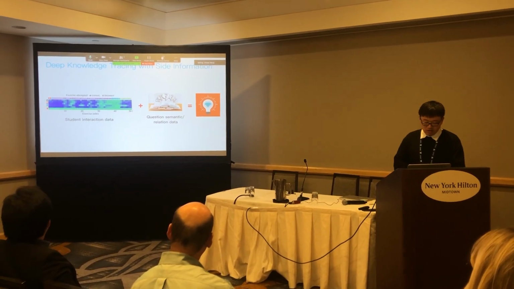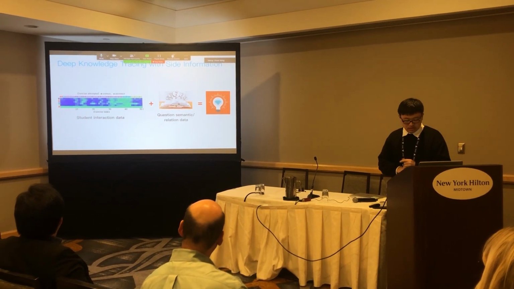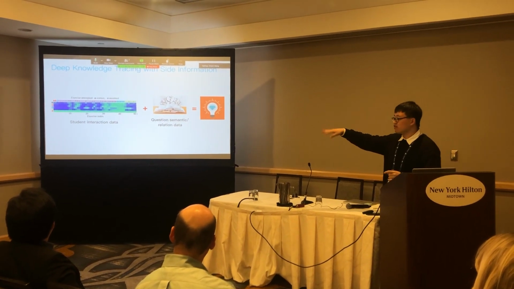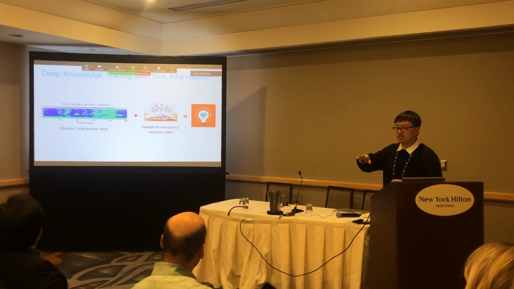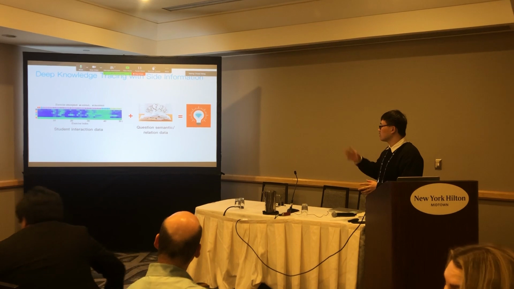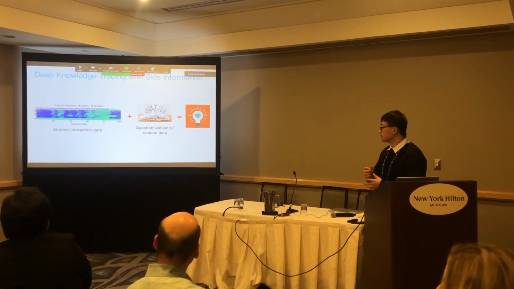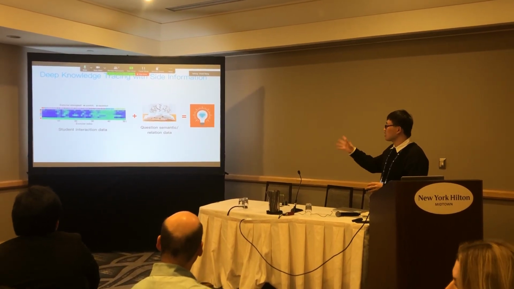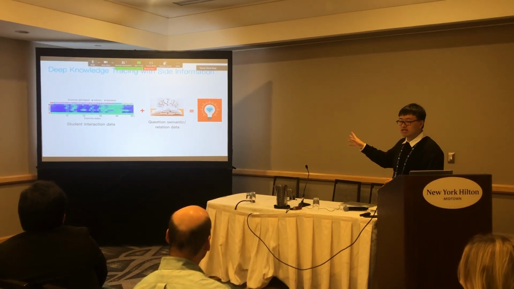So our idea is, now you have the student interaction data, so you know which one is correct, which one is incorrect. But you don't fully utilize the data from the question itself. So we want to combine these two pieces of information to make it better.